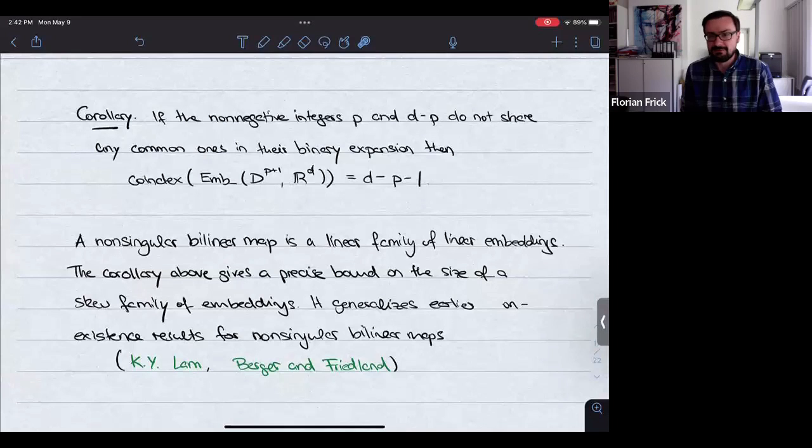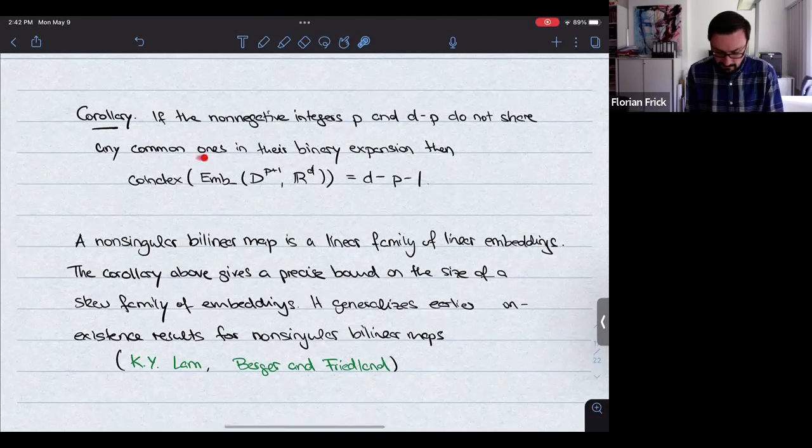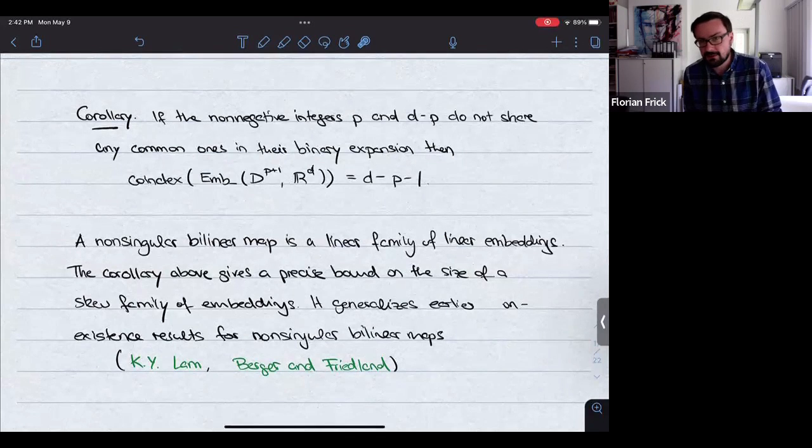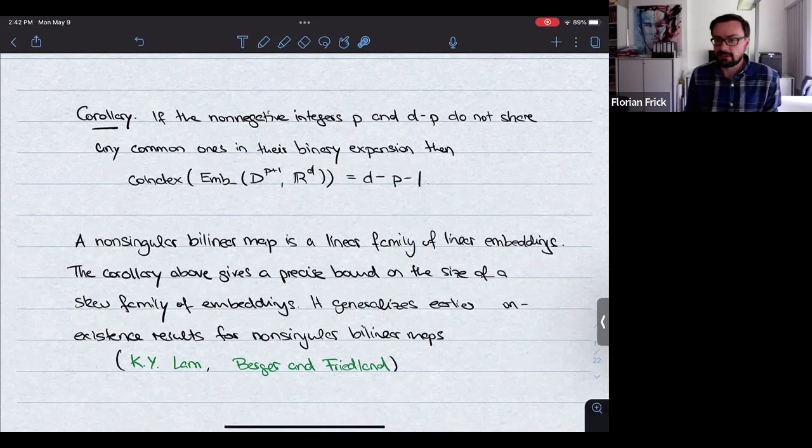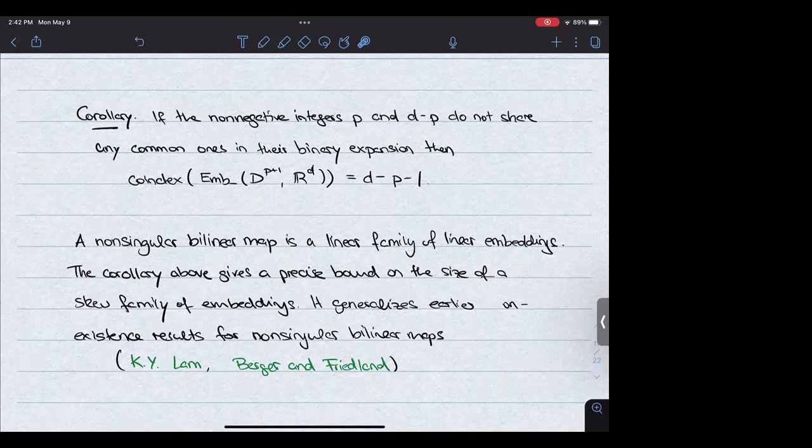If you compute this thing in equivariant cohomology, and maybe in most cases Hopf has already done this for you, only he didn't phrase it in this language, you get binomial coefficients and they have to be non-zero. And that's where the no common ones in their binary expansion comes from. Oh, I see. Thank you.